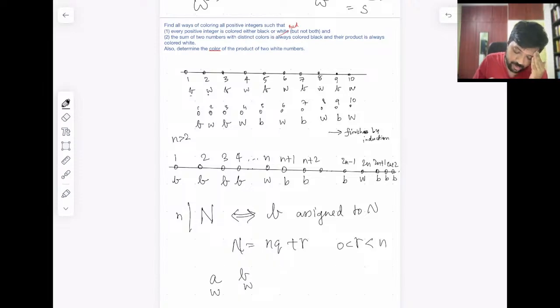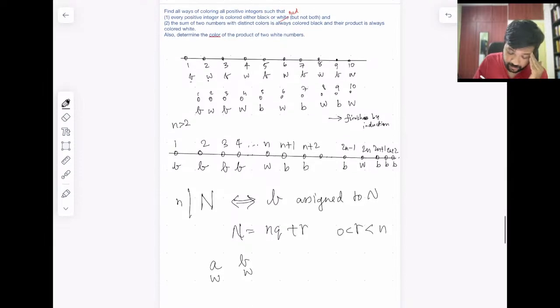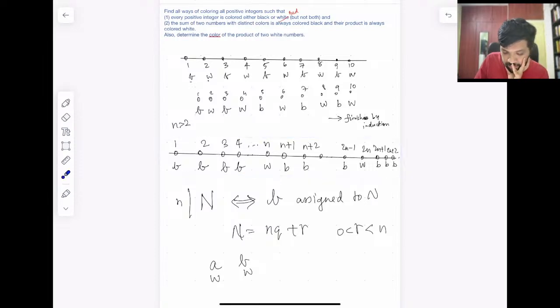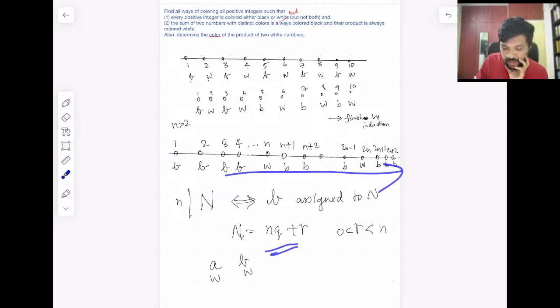How do you prove A into B is white? In general, we have to prove it for such an assignment. Is it obvious here in this assignment actually, that the product of whites is white? No, in fact, that's what we had to prove. We don't know this assignment, so we have to prove it in general without knowing what the assignment is, because we need to use it in the argument.